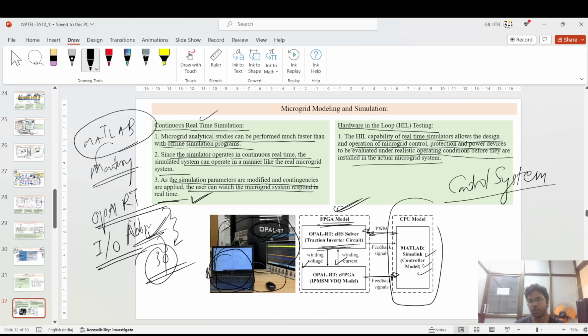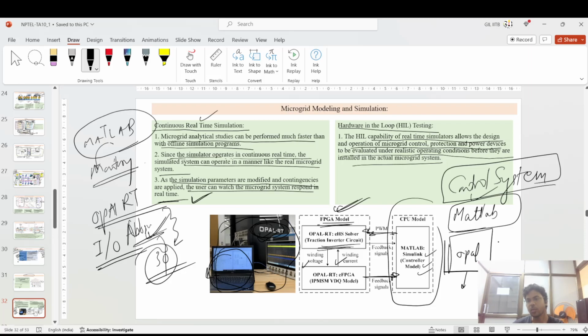Suppose you have modeled a control system and you want to test whether it is robust or not. You make a MATLAB model of your islanded grid system and dump it into the OPAL-RT, which has certain IO ports.